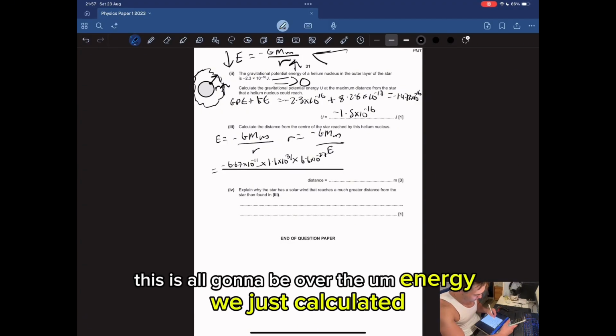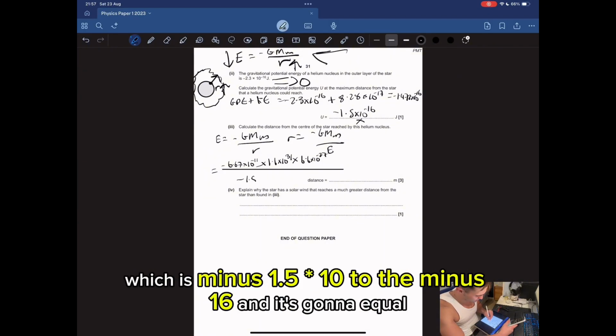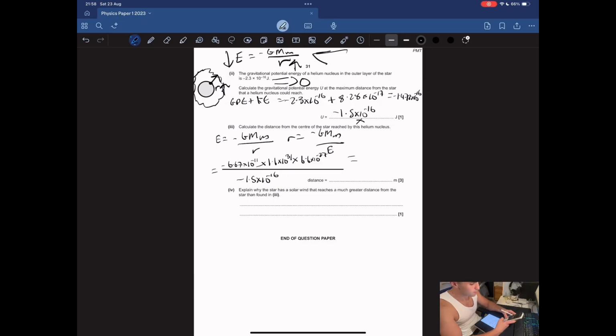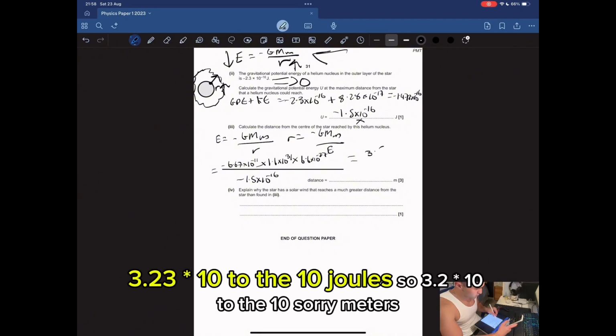This is all going to be over the energy we just calculated, which is minus 1.5 times 10 to the minus 16. And that's going to equal 3.23 times 10 to the 10, so 3.2 times 10 to the 10, sorry, meters.